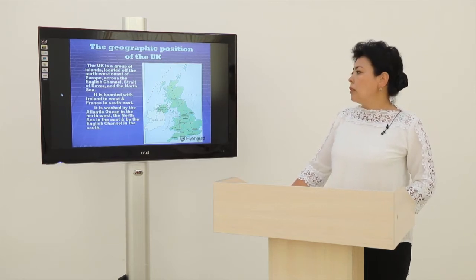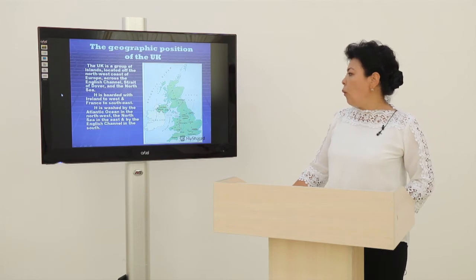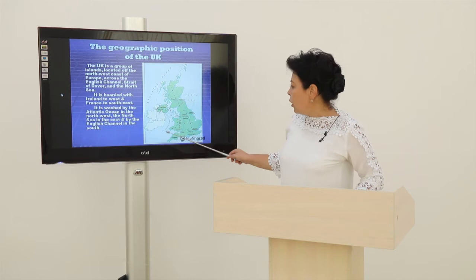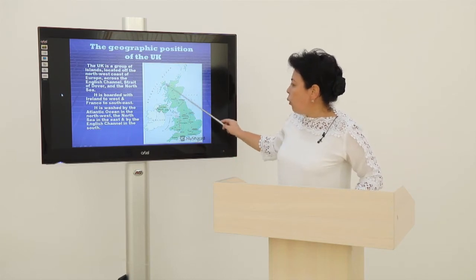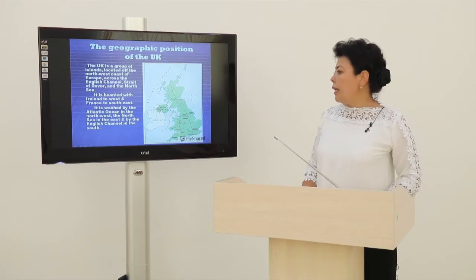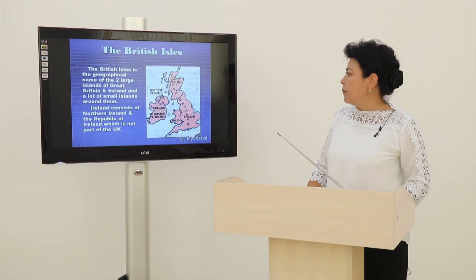It borders Ireland to the west and France to the southeast. It is washed by the Atlantic Ocean in the northwest, the North Sea here, and the Channel here, and by the English Channel in the south.